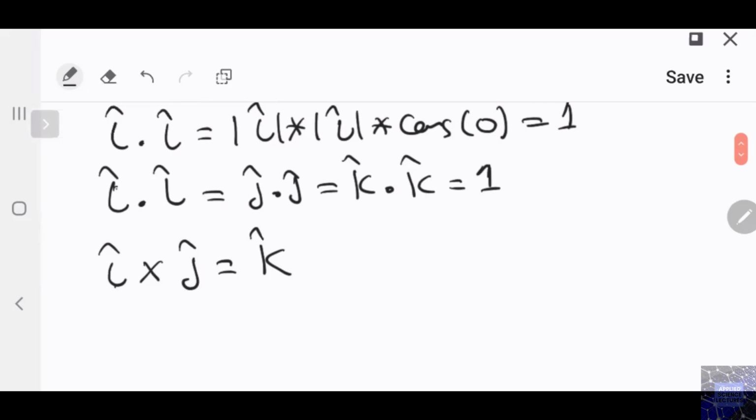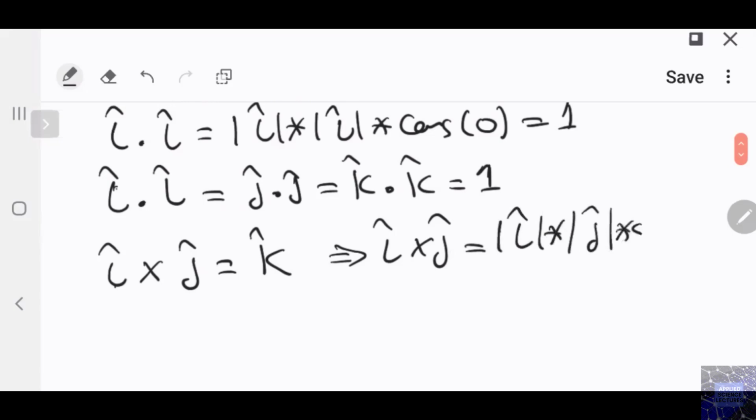Well, we know that the cross product for any vectors equals the magnitude of the first one times the magnitude of the second one times sine the angle in between, and then the direction is defined by the right hand rule.